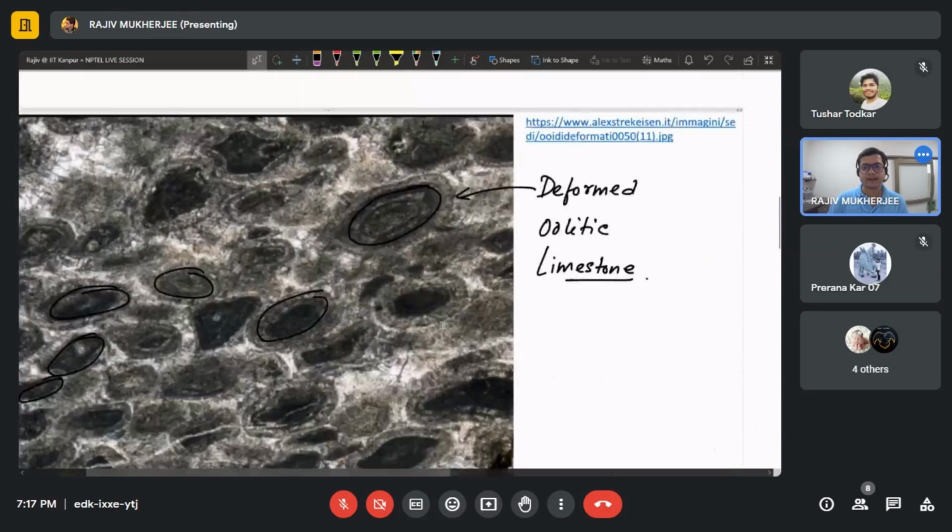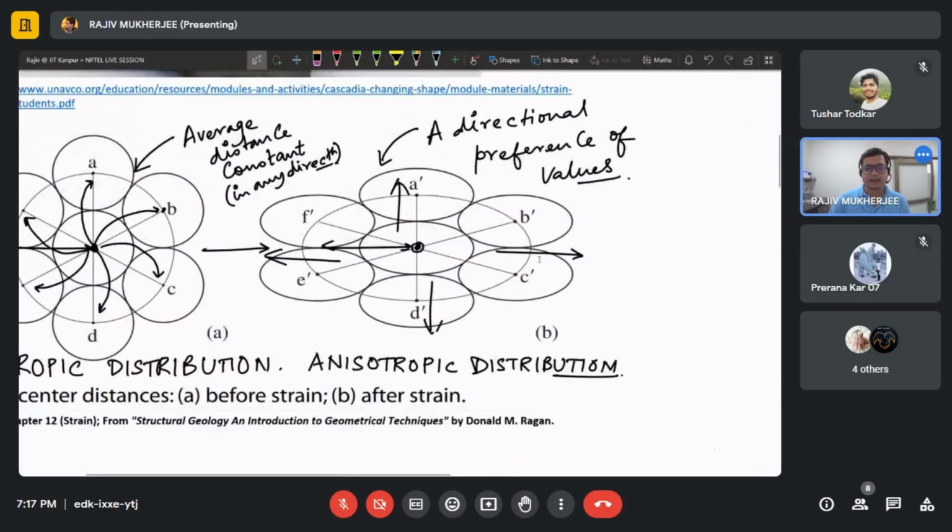You can see that in this case also we are actually dealing with the spatial distribution of the distances between adjacent points, right? So if there is a directional preference, then the distribution would be anisotropic, and the shape of the area would simply replicate an ellipse.